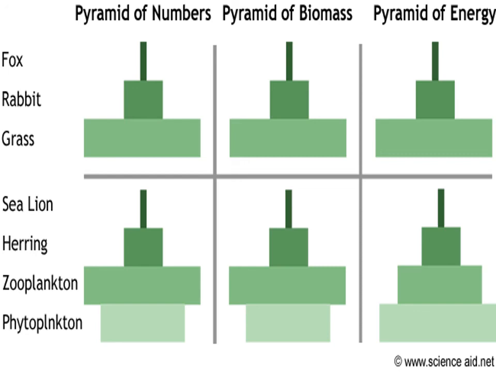So the bottom one is a marine ecosystem, and the top one is a terrestrial. So the top live on land, the bottom live in the ocean. And you can see that there are actually more zooplankton than phytoplankton in this specific example. There are the same amount of grasses in each, numbers, biomass, and energy, and then rabbits and fox look similar.